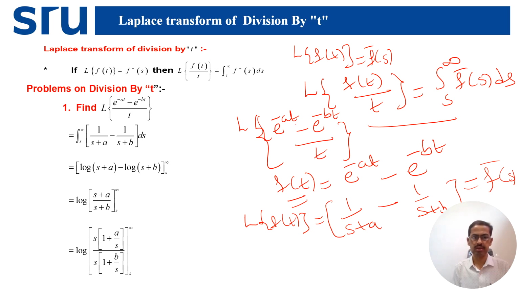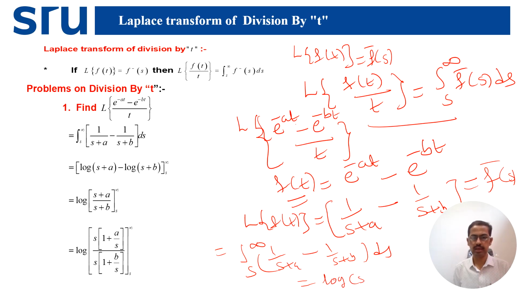So this is equal to the integral from s to infinity of f bar of s, which is 1 by s plus a minus 1 by s plus b, ds. Integrate. The integration of 1 by x is log x.